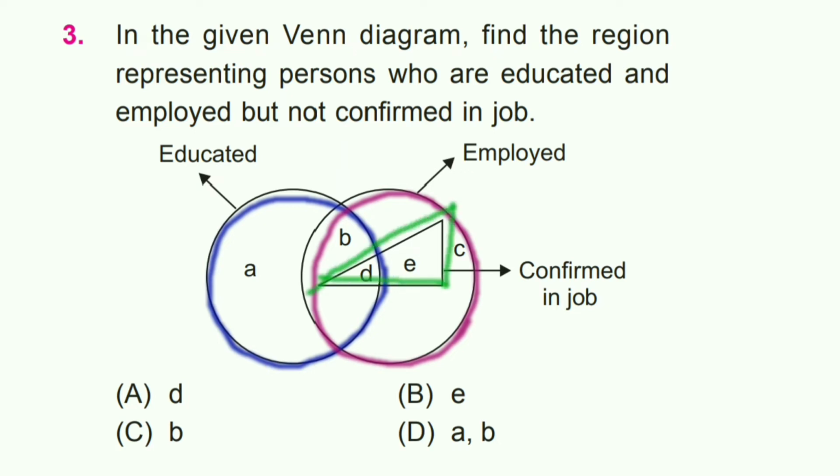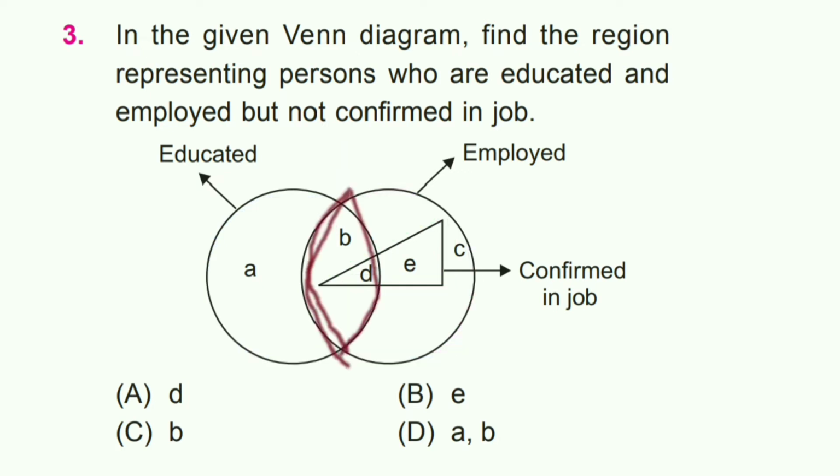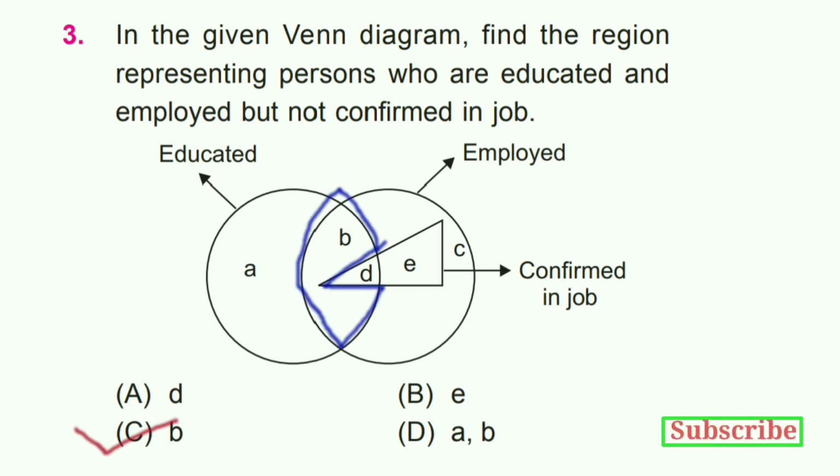So we have to find out the region which is educated and employed but not confirmed in job. Common area of employed and educated is this, but we have to discard the area of the triangle. Triangle is confirmed in job. Clearly option C is correct. The area is B. This area.